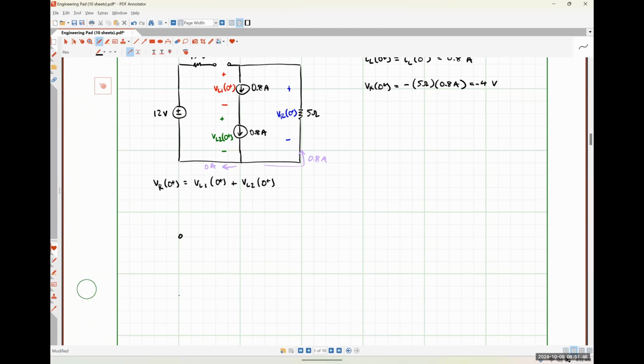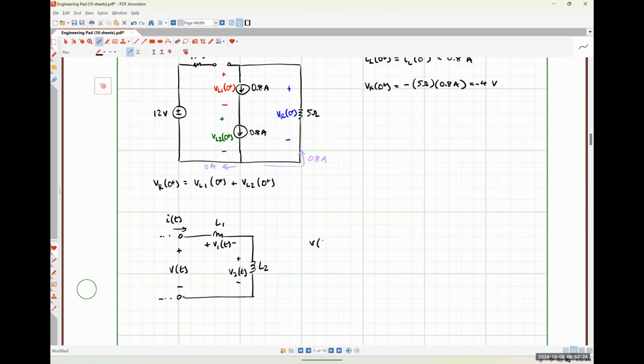So what we have is a situation where we have some known voltage, V of t, that is across 2 inductors connected in series. So this is my voltage V1, and this is my voltage V2 that I'm interested in, and here is my current I of t.